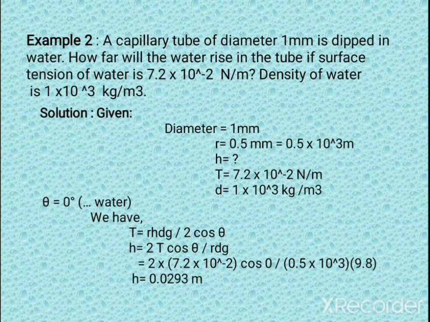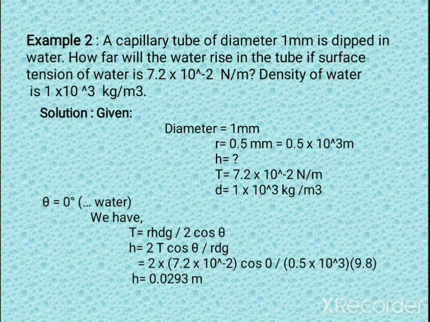Again, take the second example. A capillary tube of diameter 1 mm is dipped in water. How far will the water rise in the tube if the surface tension of water is 7.2 into 10 raised to minus 2 Newton per meter and density of water is 1 into 10 raised to 3 kg per meter cube? Again here we have given diameter, radius, height we have to find, surface tension is given and density is also given.